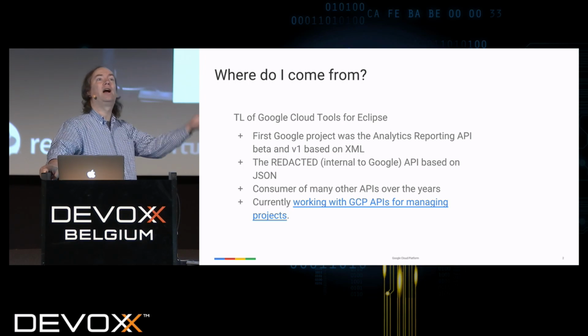But before I did that, going back about 8 years now, my very first product at Google was what is now called the Analytics Reporting API, which was, I hesitate to say the word web service, but it was an HTTP endpoint to which you could send requests using Java, JavaScript, or any form of HTTP library, and receive back XML that contains your Google Analytics data from your own websites and your own accounts.